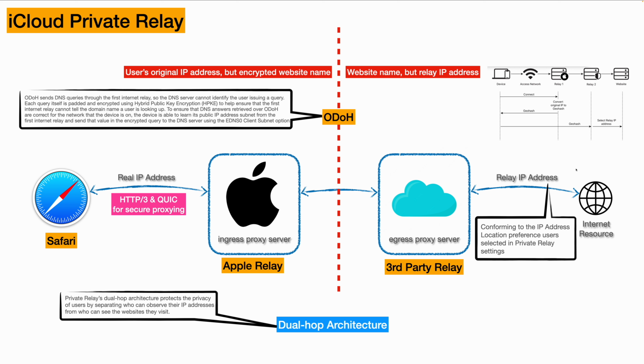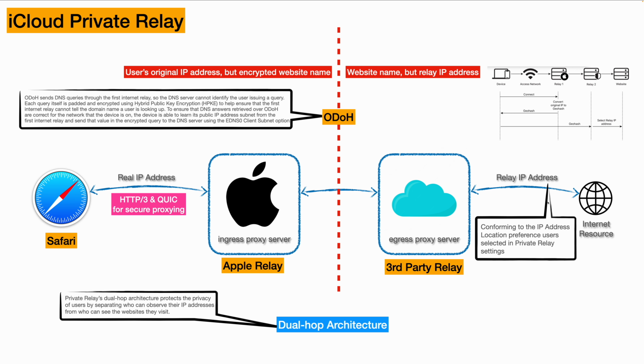What if you do want to expose some type of geolocation information so that the DNS server can return a tailored response, not just DNS server. Let's say if you visit Google Maps and you want to search for nearby restaurants, you don't want to give Google Maps your real IP address, but you also want to get the real nearby restaurants.